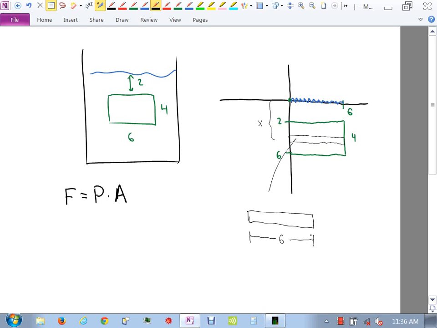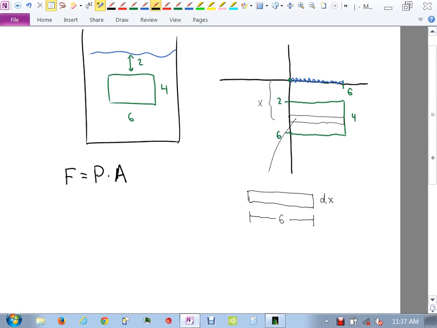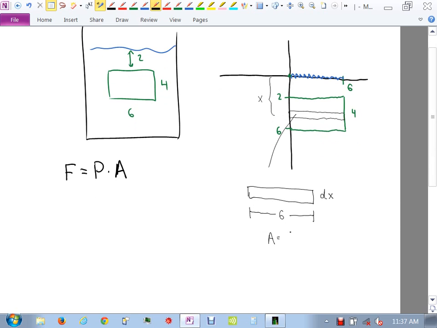That's why your x doesn't always have to be the x-axis. Your x can be anything. I could have called that L, I could have called it D, H, it doesn't matter. It's just the measurement from the surface to that band. But because it's going to change and I'm going to have an infinite number of them, that'll be my infinitesimal dx, the way it's always been. So what's the area then of that little band? 6dx.